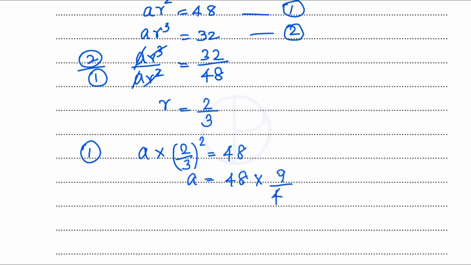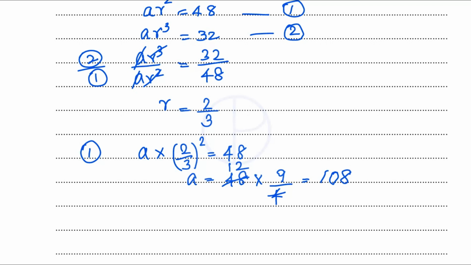The denominator 3 squared is 9; when it goes to the other side, it goes in the numerator. And 2 squared is 4; when it goes to the right hand side, it goes to the denominator. Let's simplify this. This is 12 times 9, which is 108. Now we know the r value and a value.